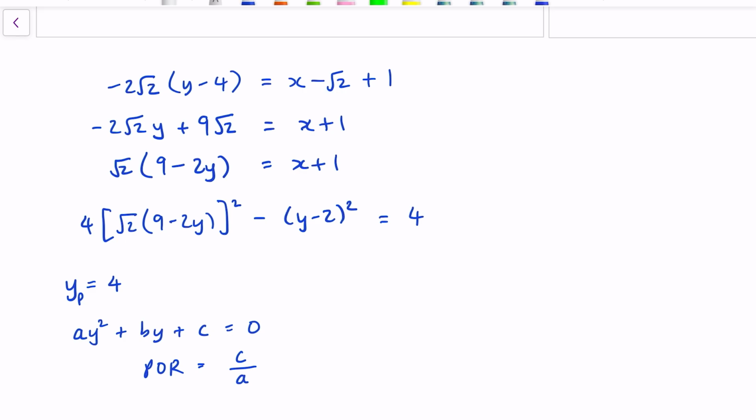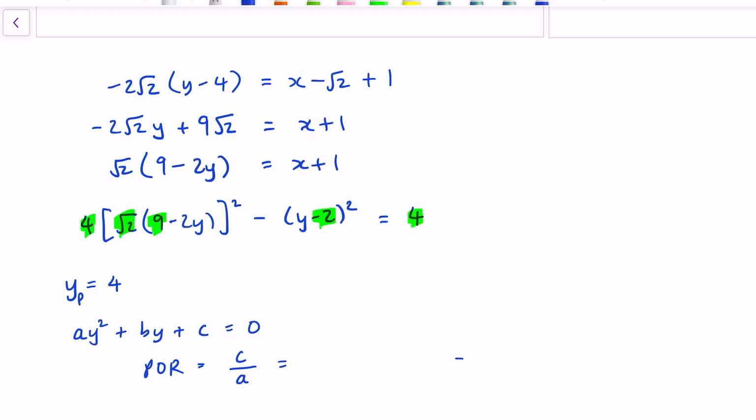So if I go to this quadratic and go, rather than expand it all out, what is the constant term? Where does that come from? It comes from this 9 bit here squared and the root 2 and the 4. And it comes from this minus 2 thing squared, and it comes from the 4 but on the other side of the equation.